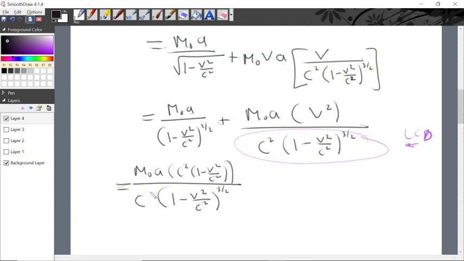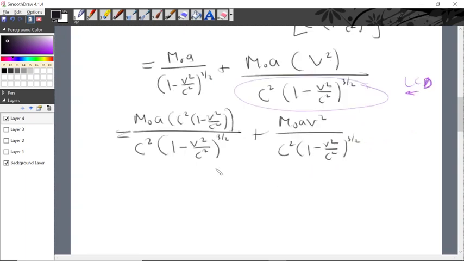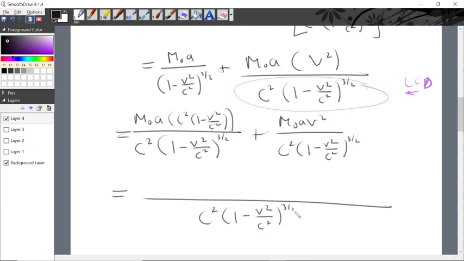And then we're just bringing along a c squared along with that. So those get combined. m naught a v squared over c squared times 1 minus v squared over c squared to the 3/2. Combine these into a single fraction, c squared times 1 minus v squared over c squared to the 3/2.